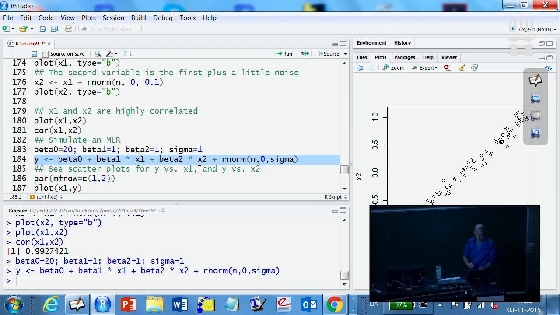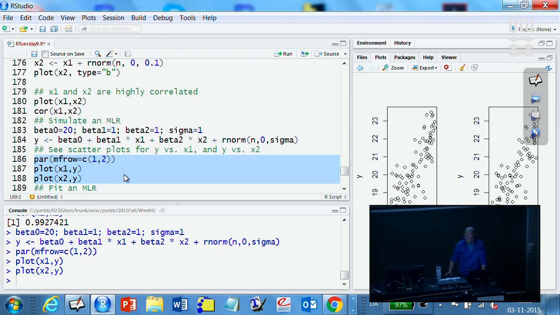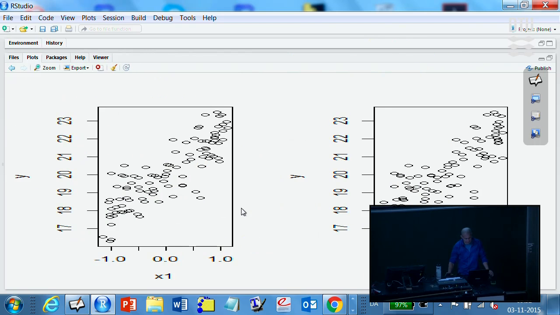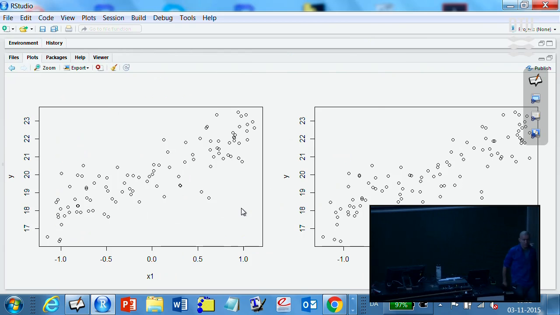So I'm having some y's with the relation, not surprisingly, since they have been simulated like that, that when I plot y versus x1, it's a bit like our ozone versus temperature, ozone versus the other things, right? Y is, of course, linearly related to x1 and x2 with a bit of noise, the sigma of 1 that I put into it.